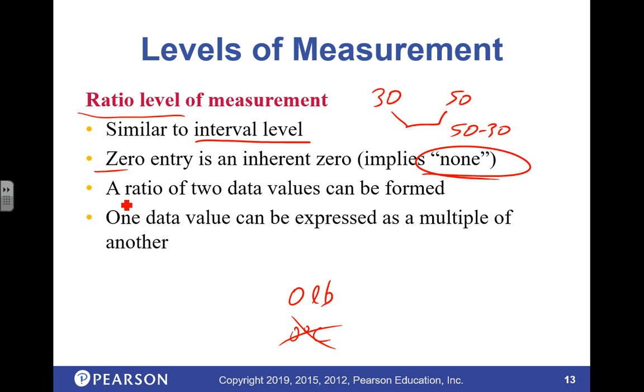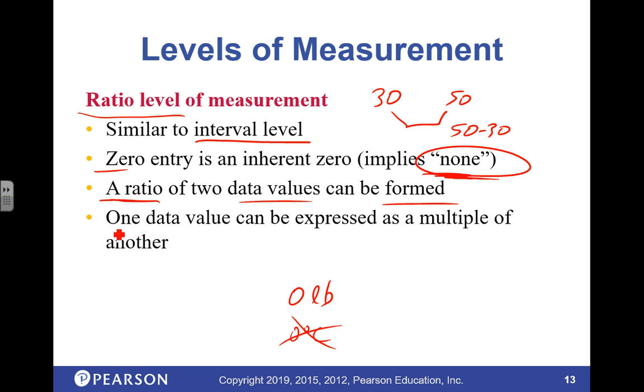This is a kind of confusing statement, but they say a ratio of values can be formed. I mean, we can take any two numbers and make a ratio, but for that ratio to be significant, we do have to have an inherent zero. That refers to none, and that gets really out there. So probably some of the examples will make a little bit more sense.